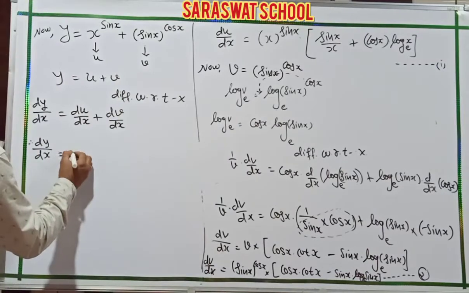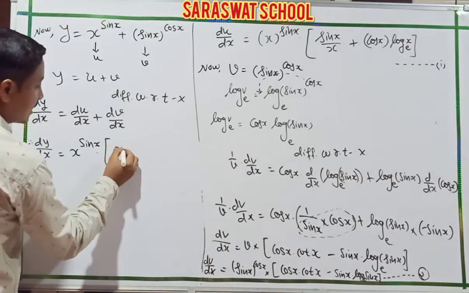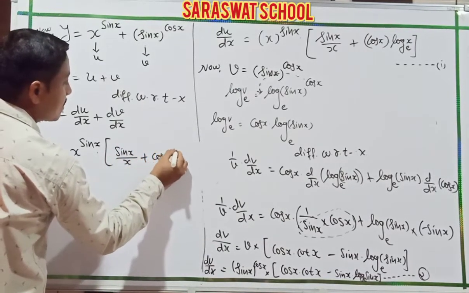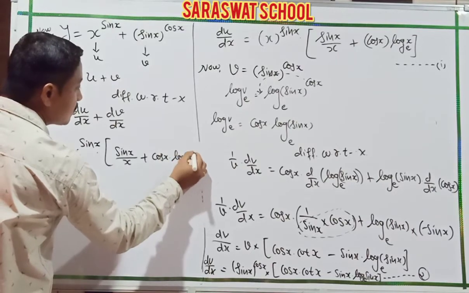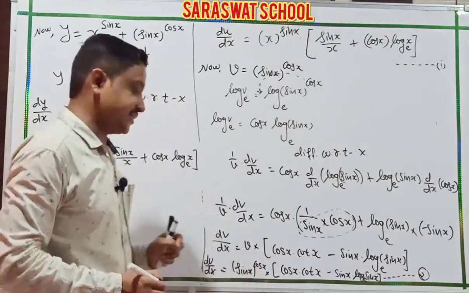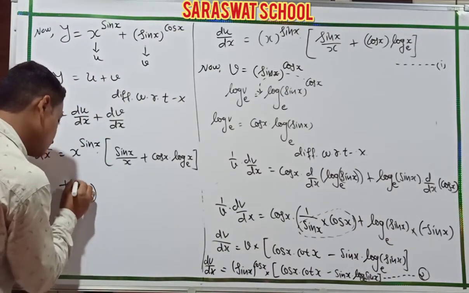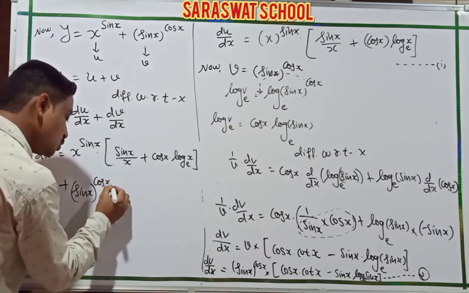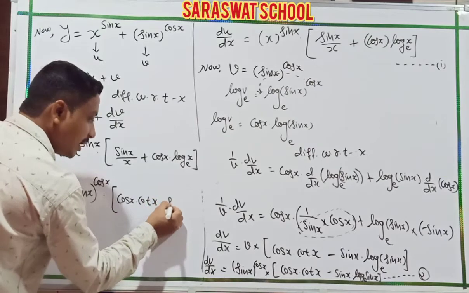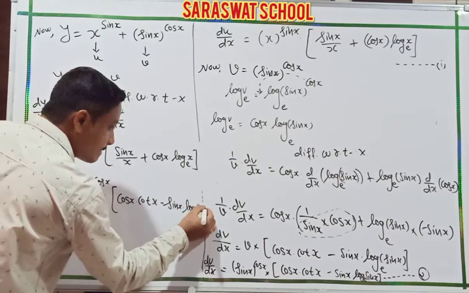So my value is x raised to sin x, into sin x by x plus cos x into log x base e, and plus dv by dx, it means this answer: sin x to the power cos x, and into the other, cos x into cot x minus sin x into log of sin x to the base e.